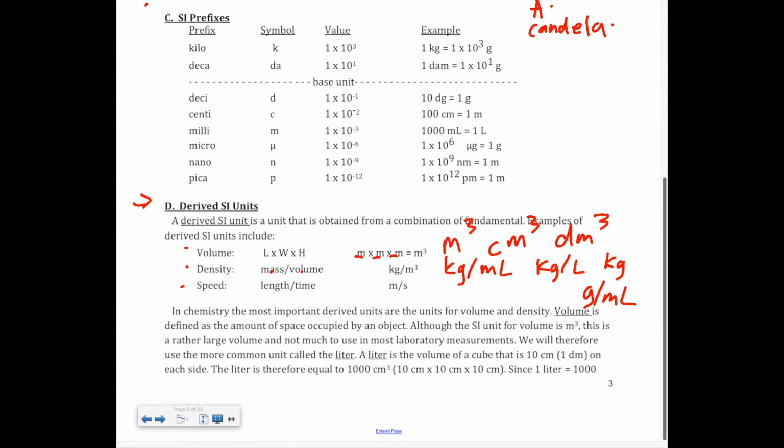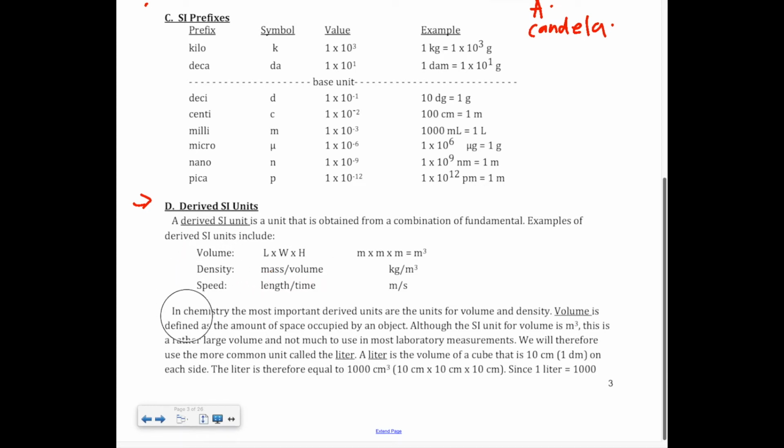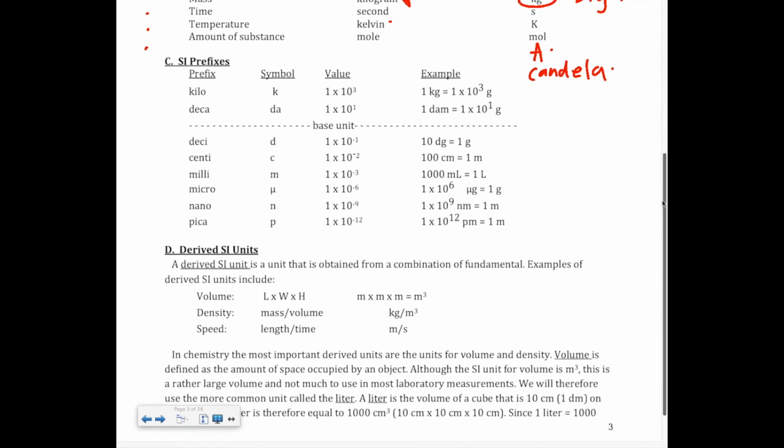But those are all derived off of fundamental units. And then speed is most commonly used as meters per second, like when we're talking about velocity. That's more of a physics thing, but the derived units are important for later, so make sure you keep those stuck in the back of your head.